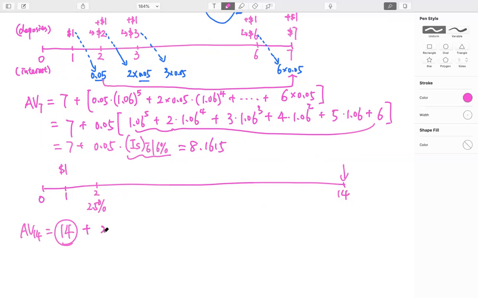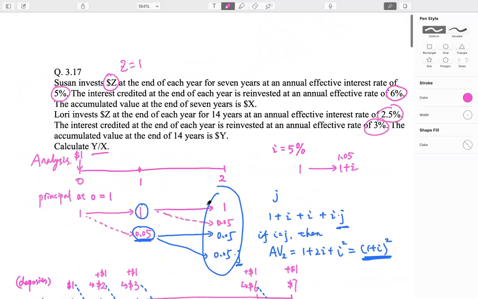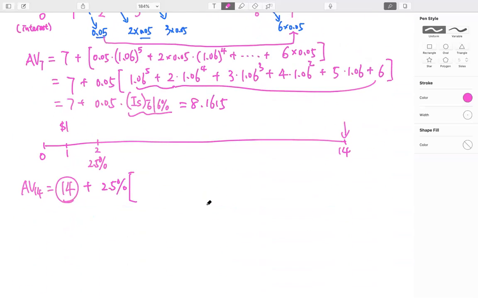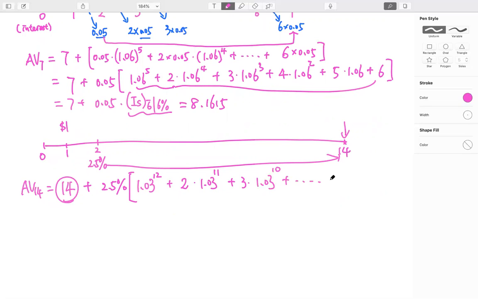And here is obviously the interest rate. Right, I'm copying what I did for the previous person. The interest rate is 3%, so it's 1.03. We need to count how many years. In total, we have 14 years, right? We need to go to this, so it's 12. And the next one is 2, right? So the increasing sequence, and then this will go down. 3, 1.03, then it's 10, goes on.